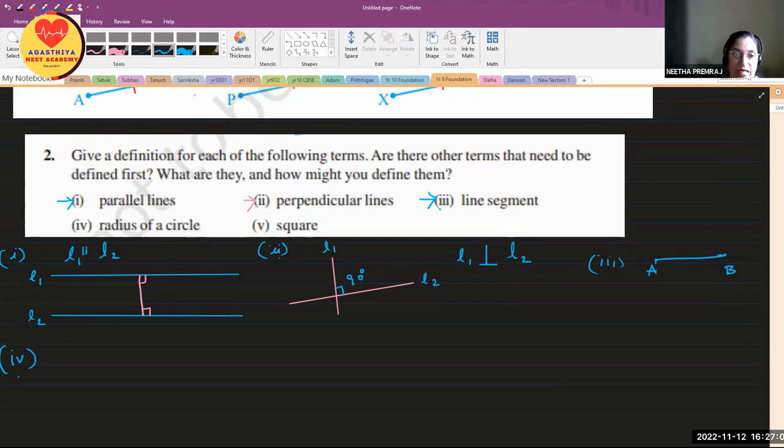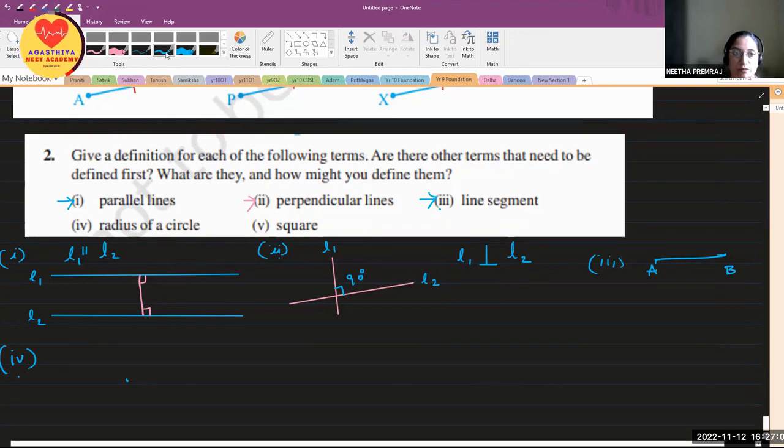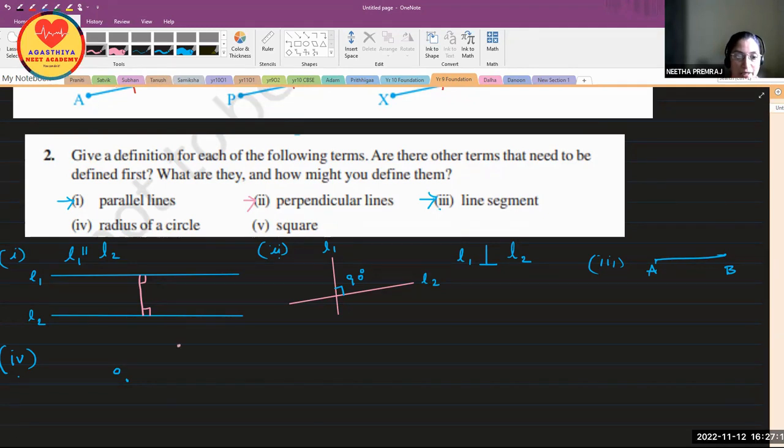See, actually, there is a fixed point, I name it as O, and there is a moving point P. This is the fixed point, and this is the moving point.